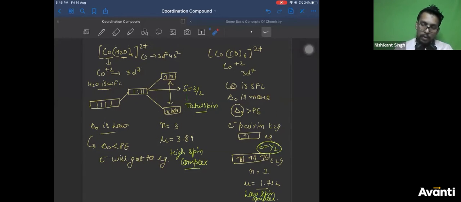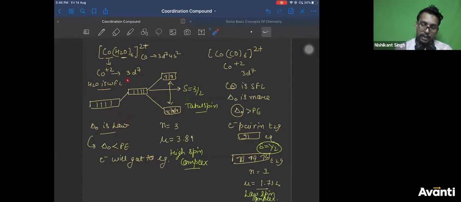Yes. Now in this we said the cobalt oxidation state is +2. So its electronic configuration is 3d7 4s2. After removing 2 electrons, it will become 3d7. So then we said we have to fill 7 electrons. We said the ligand is weak.